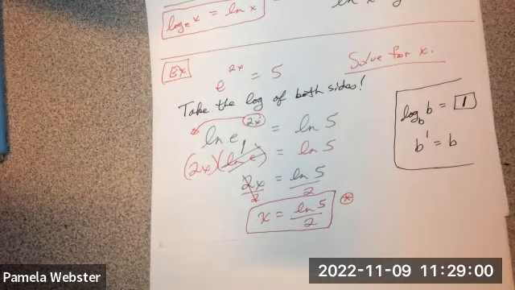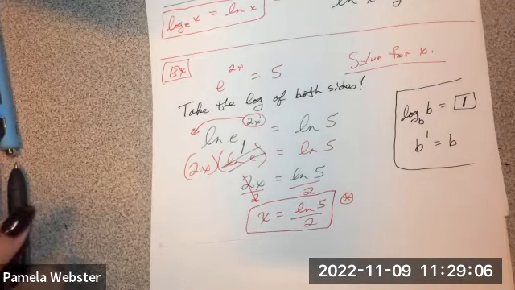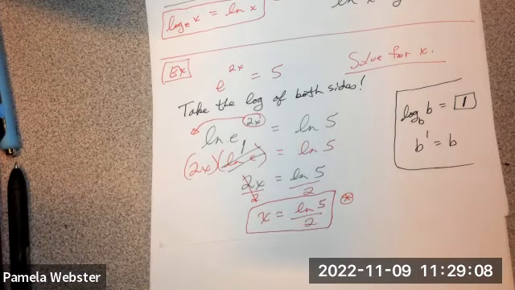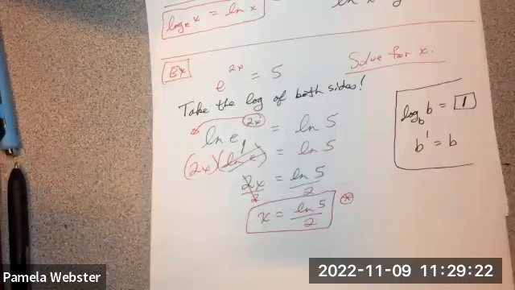If for some reason, like in MyMathLab, it says, no, we need you to give us a decimal value, then okay, you can probably punch that in your calculator, no problem. I'm looking to see if I've got a calculator. I don't think I brought my calculator today, I'm sorry.